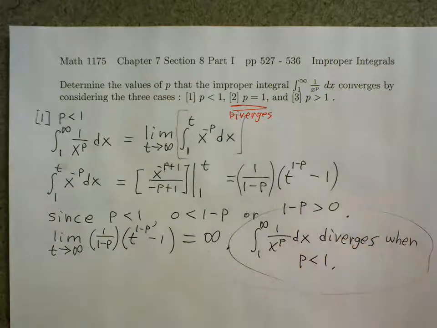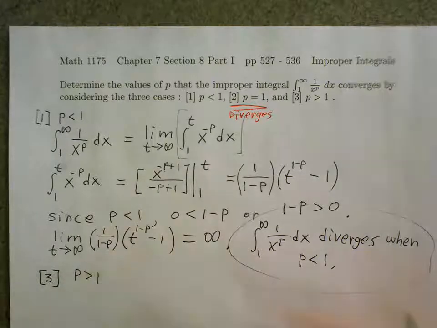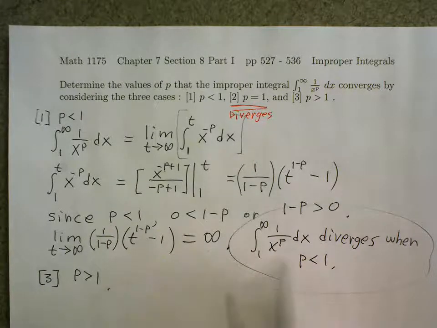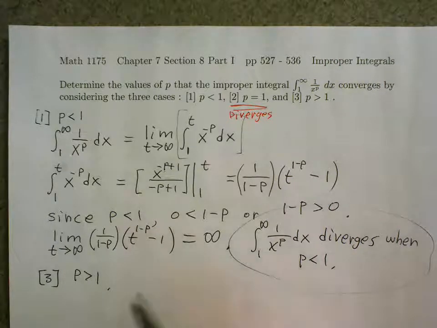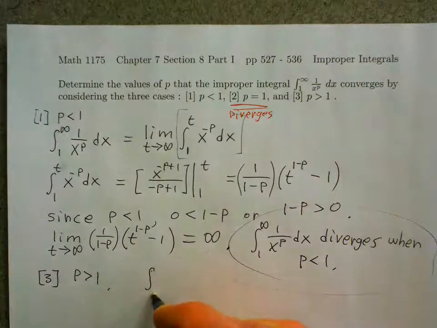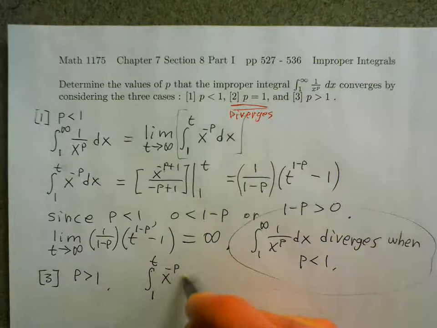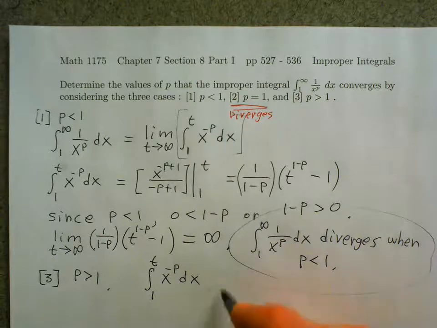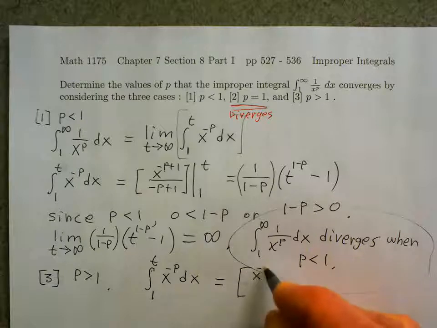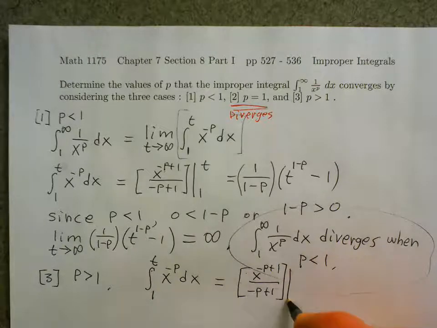Okay, the third case, when p is greater than 1. So we're going to start out the same. Let's just go right directly to the definite integral from 1 to t of x to the negative p dx. So this is x to the negative p plus 1 divided by negative p plus 1 from 1 to t.